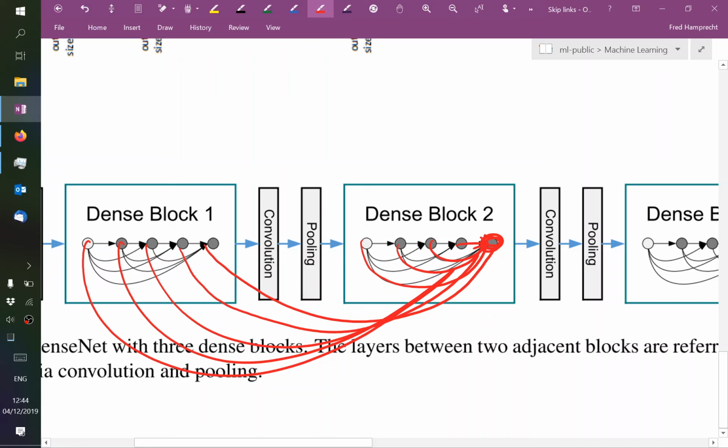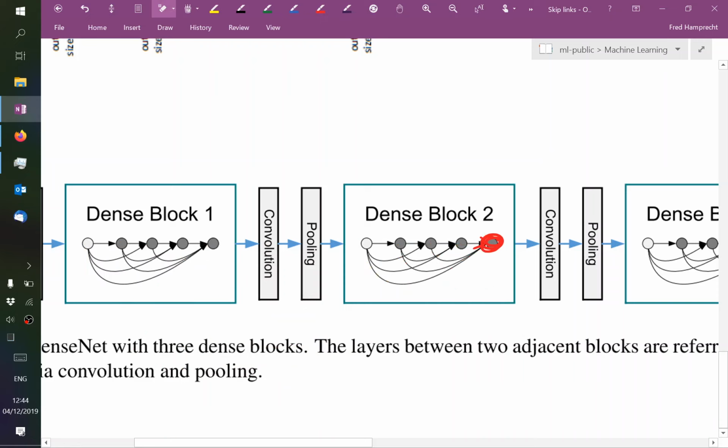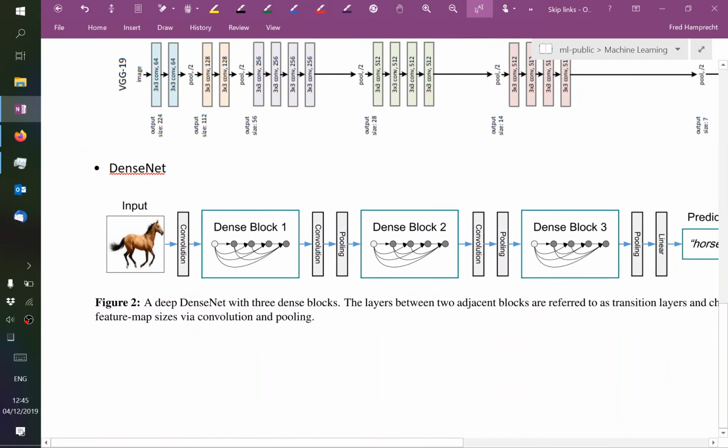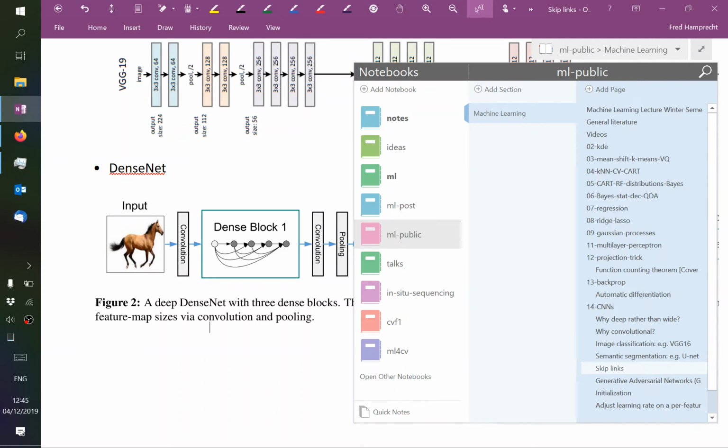So you need to make a compromise between this idea of having dense connections, and on the other hand, still needing a manageable number of parameters. And this DenseNet is also an architecture that works very well. Okay, so bottom line is these skip links are an important architectural element. Questions?